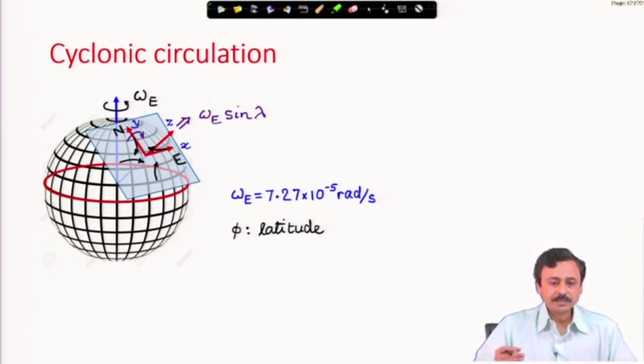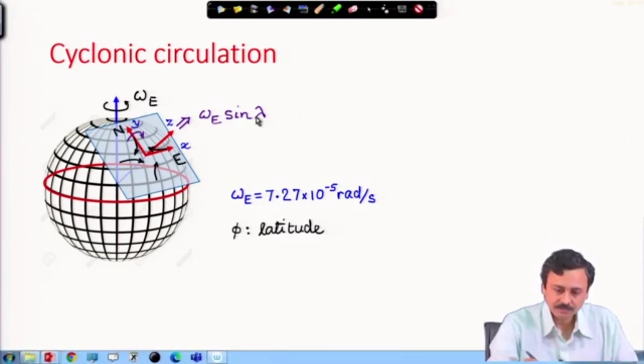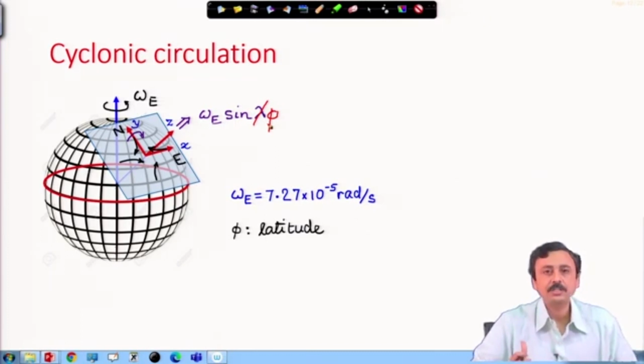Therefore, these particles will curve to the right. The rotation is counterclockwise as seen from the top in the northern hemisphere. If phi is positive, which it is in the northern hemisphere, this angular velocity is counterclockwise as seen from the top, therefore the air particles will veer to the right.